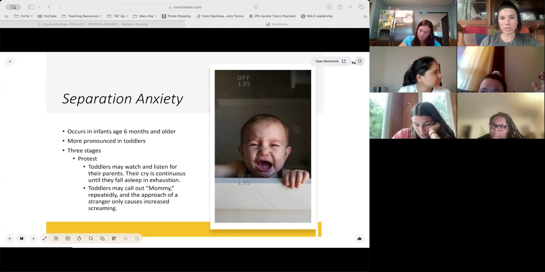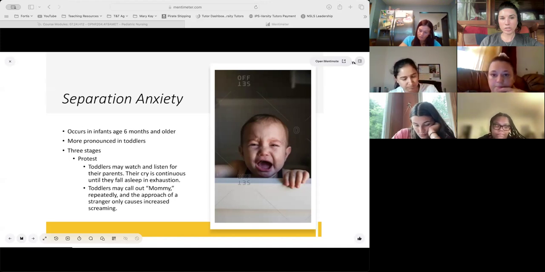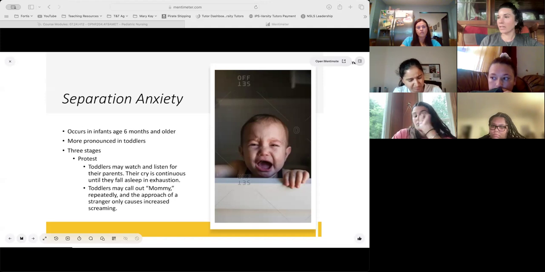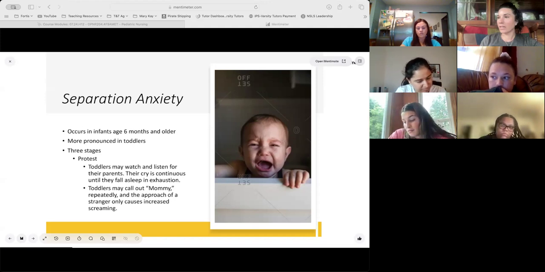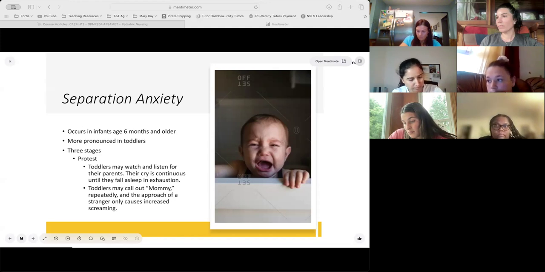We do want to make sure, though, that we are not providing that distraction as a way to allow the parents to sneak out. So if parents sneak out on the child while they're not paying attention, or while they're sleeping, that can disrupt that trusting relationship and cause more harm than good. So we want to have those short goodbye rituals instead of just having the parents sneak out on them.